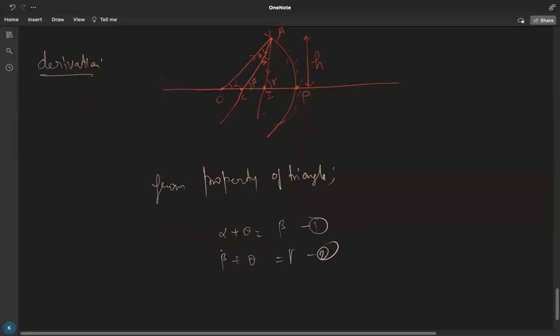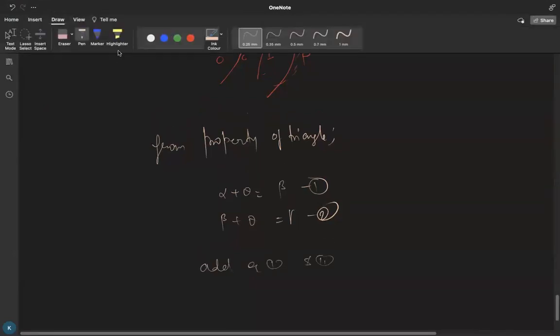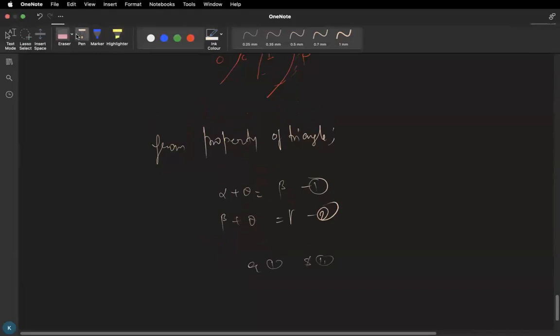Now what you have to do is just add equations 1 and 2. Or we can say, wait, subtract the equations. So this theta gets cancelled, so we get a relation here. Sorry, it's my bad.